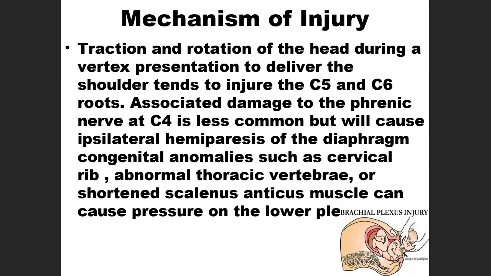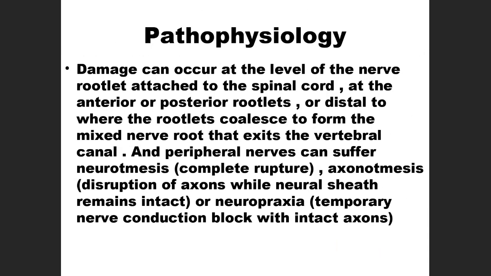Congenital anomalies such as cervical rib, abnormal thoracic vertebrae, or shortened scalenus anticus muscle can cause pressure on the lower plexus. So what we are discussing is that upper plexus involvement may be because of the delivery, and lower plexus involvement may be due to anomalies like cervical rib, abnormal thoracic vertebrae, or shortened scalenus anticus muscle. They all lead to injury of the plexus.